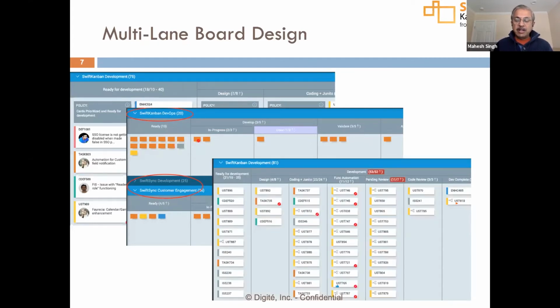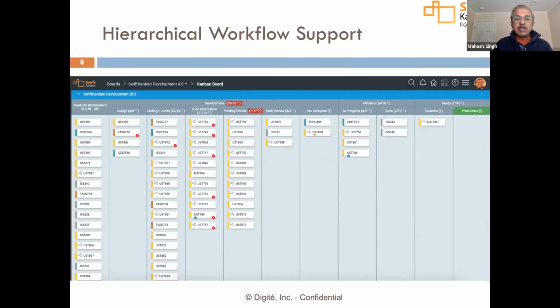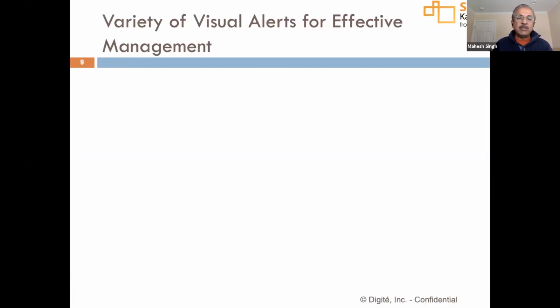And you can see that using different levels of zoom, you can get a lot of coverage for your overall process and the work that you're focusing on. We provide support for a hierarchical workflow. So each stage of the workflow can be divided into sub-columns and sub-columns. So you have any number of levels of your workflow details defined through that.